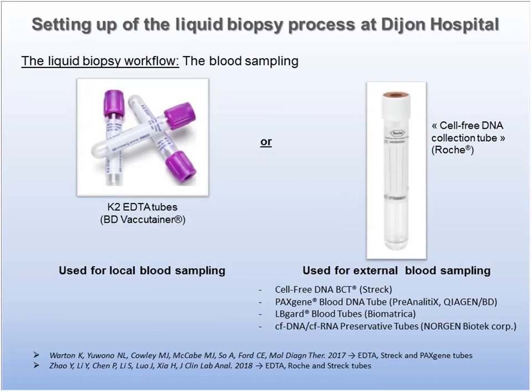So you have to know that the point that is very important for the liquid biopsy, firstly, is the choice of the collection tube. So we choose two different types of tubes depending on where the blood sampling is performed. For blood sampling that is performed in our hospital, we use the K2 EDTA tubes.